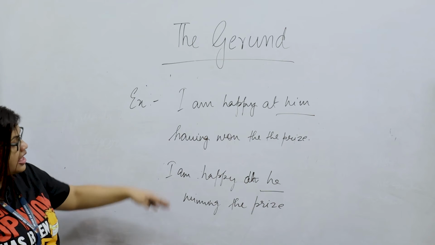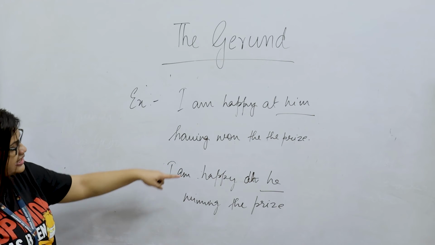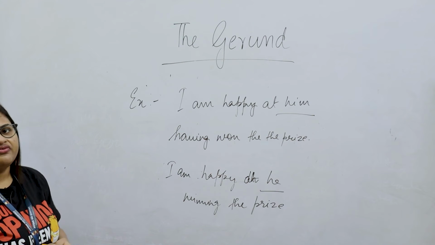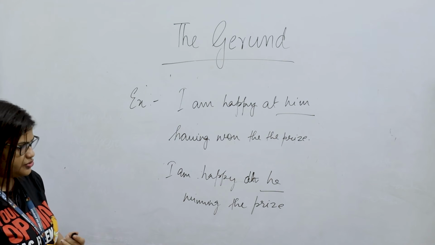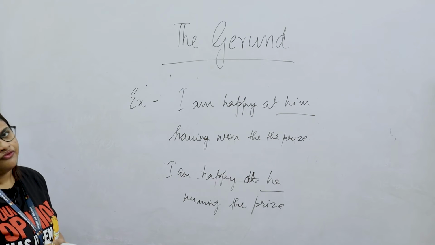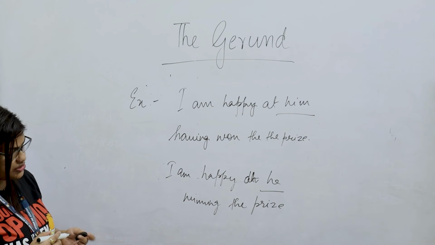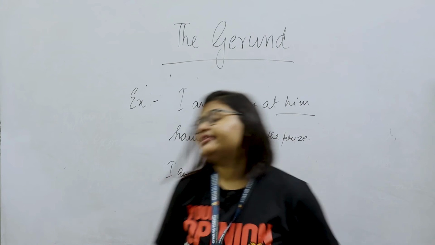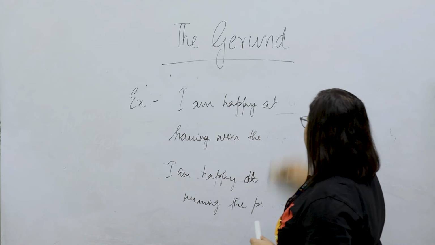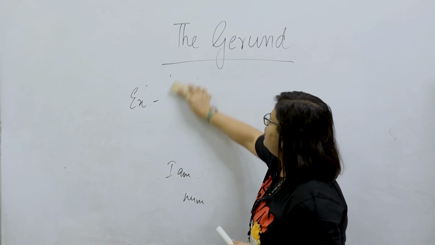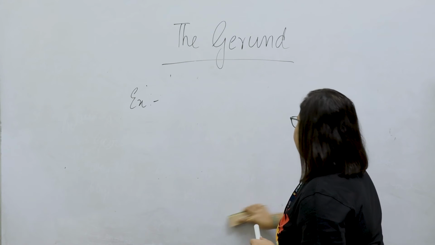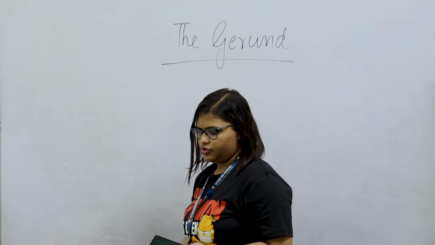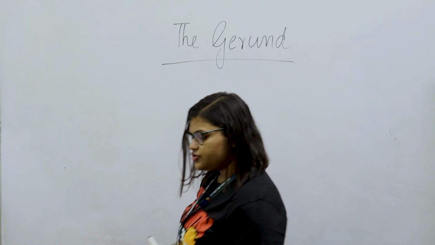At him having won the prize, and I am happy at he winning the prize. So in both these, the he or the him, whatever you are using, both are right. The first one is the possessive form and the second is the objective form. And both can be used, but just as I said a little while before, the possessive forms are a little more formal than the objective forms. However, people often use these possessive forms in order to make it sound a little better, which is also quite possible.